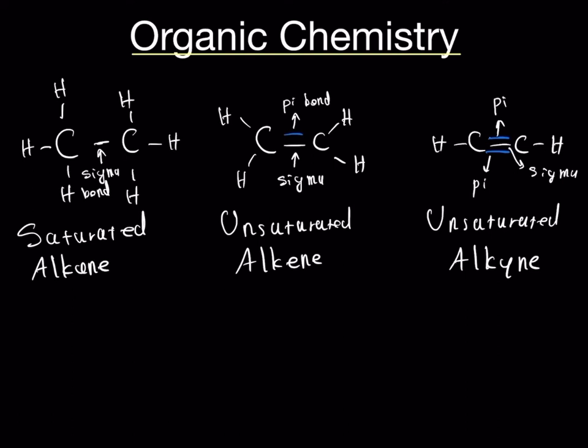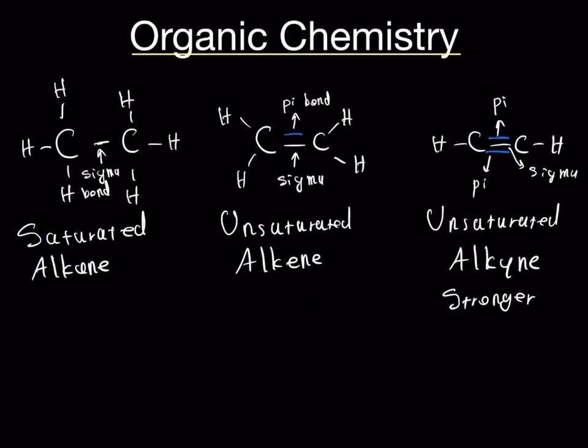Now, out of these 3 situations, which one of these bonds is stronger? The one on the right is stronger because 3 bonds are stronger than one or 2 bonds.